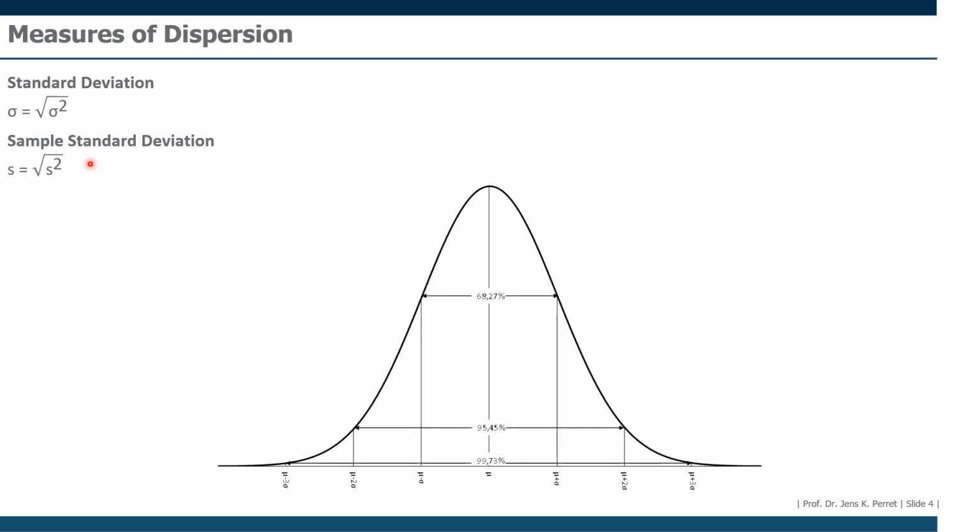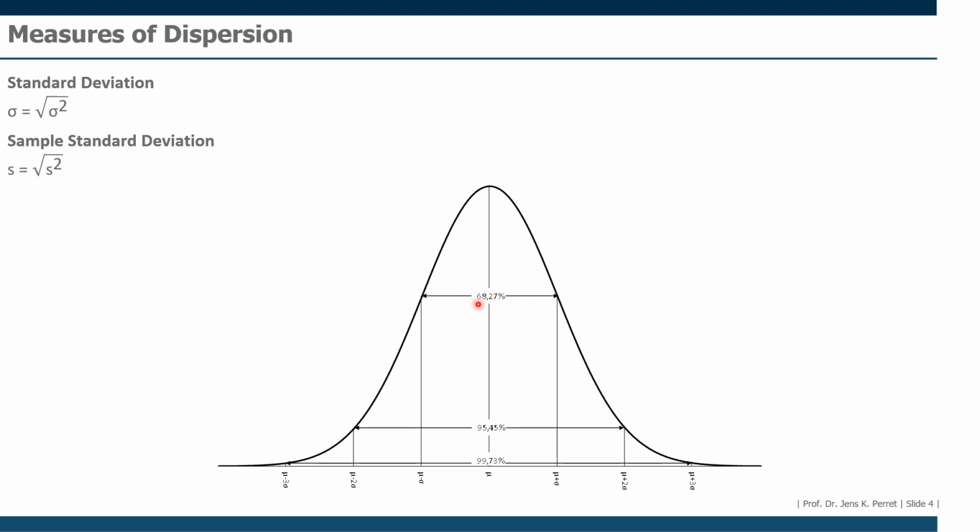The neat thing about standard deviations is that it tells me quite a lot about my data. If my data is more or less normally distributed, that's why we're using this normal distribution curve here, and this is my average or my mean, I know that plus minus 1 standard deviation covers more than 2/3 of my data points.